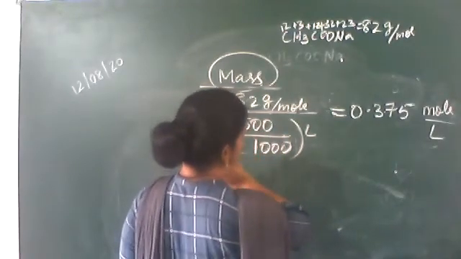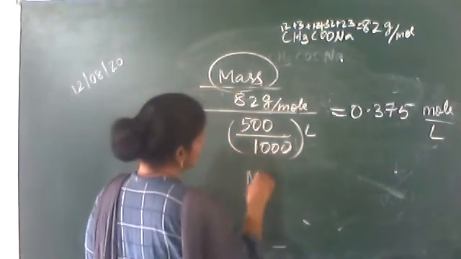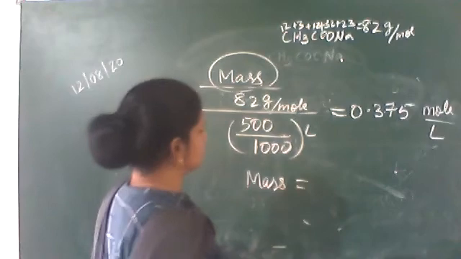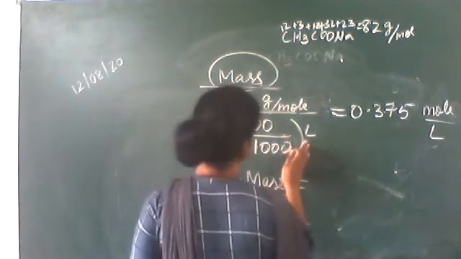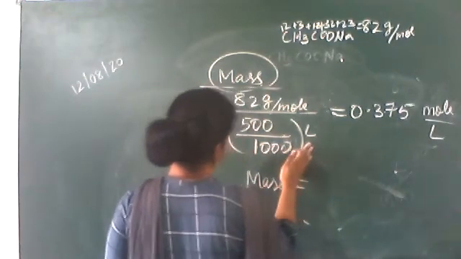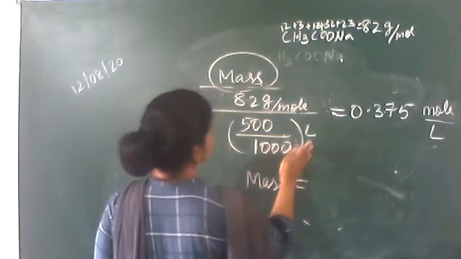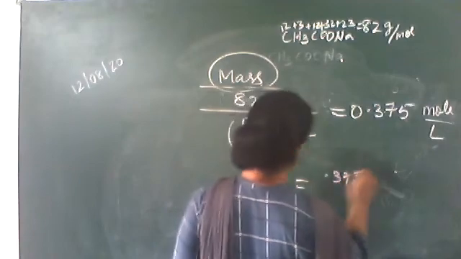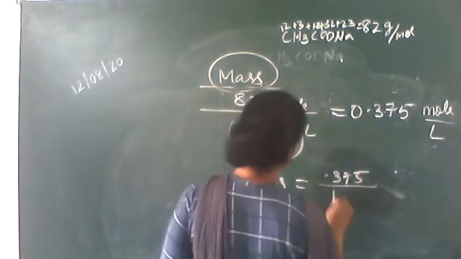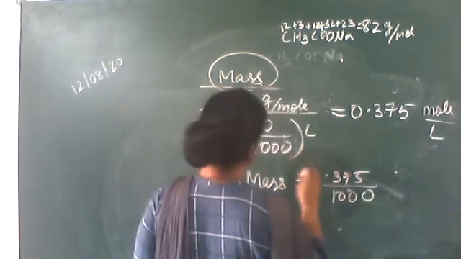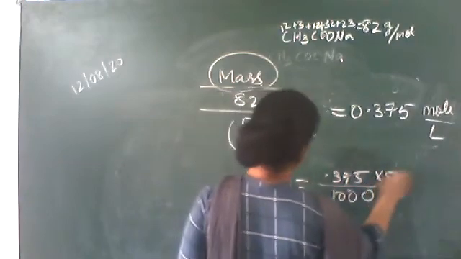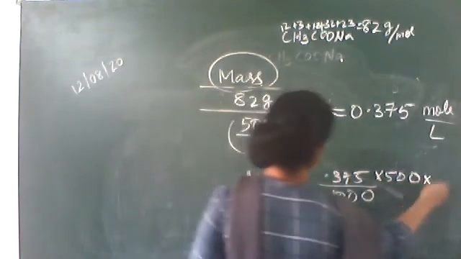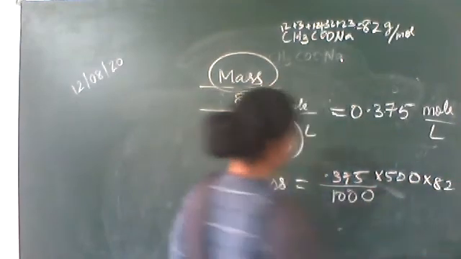So mass is equal to the rest of the things: this is 1000, this 1000 will go up, that means 0.375 divided by 1000. This 500 will go here, 82 will go here.